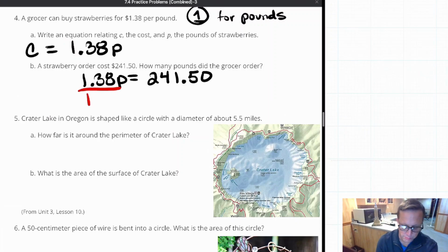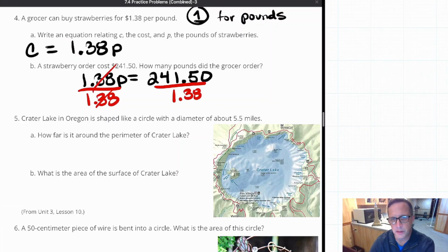All right, and so I'm just going to divide both sides by $1.38. I know we really haven't formally had an equation lesson yet, but we're going to get there pretty soon. But hopefully you're getting a good idea of how to solve real basic one-step equations.